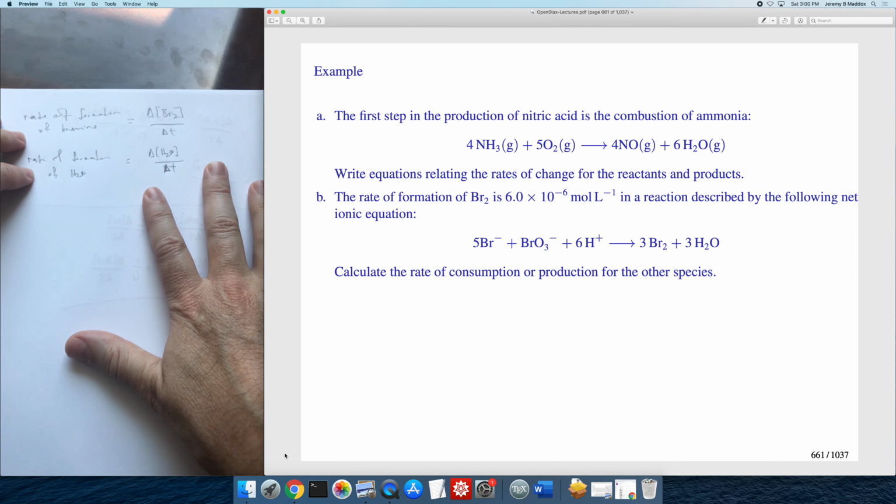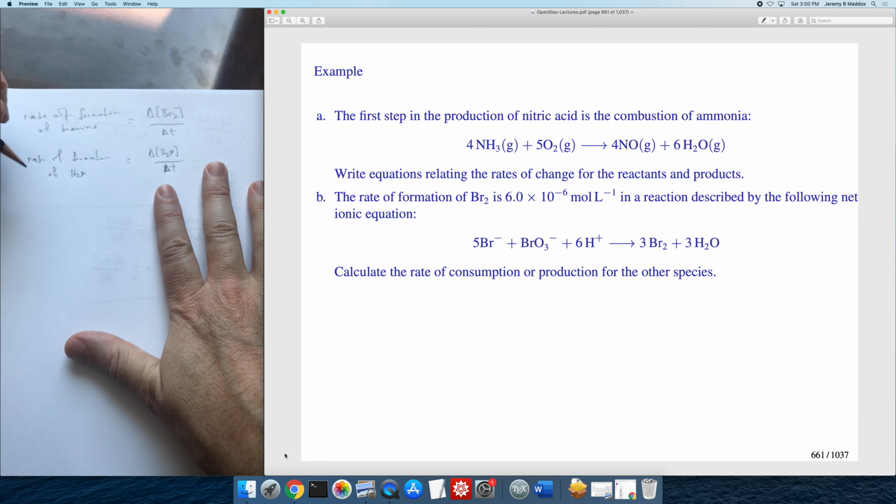Notice that the rate of reaction is not the same thing as the rate of formation of a particular species. When you're talking about a particular species, you leave the stoichiometric coefficients out. When you're talking about the rate of the reaction, which I'm going to do in a minute, you put the stoichiometric coefficients in.